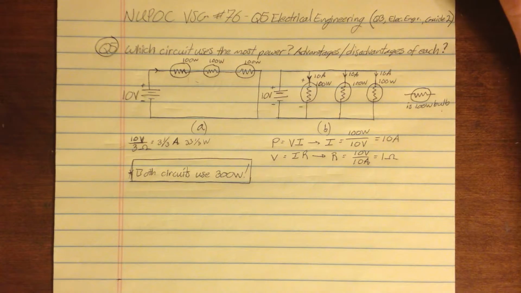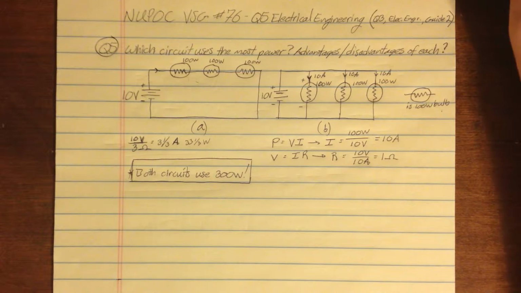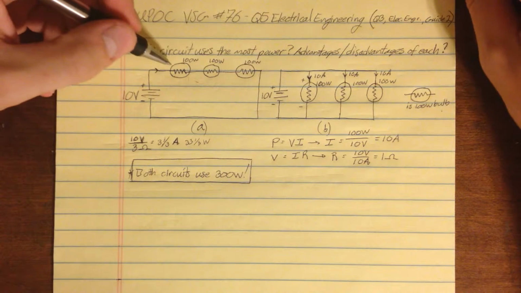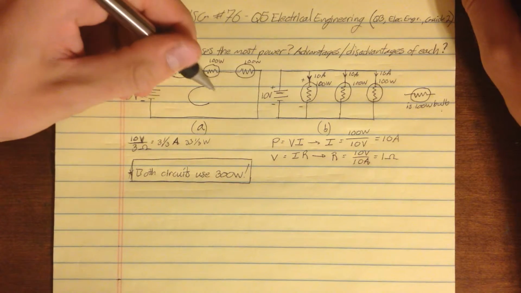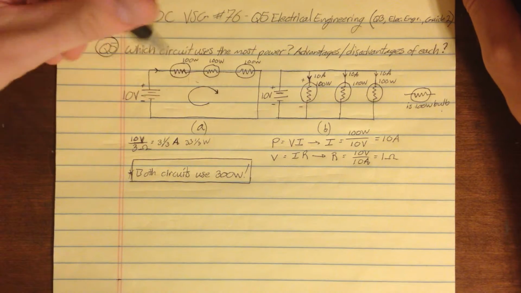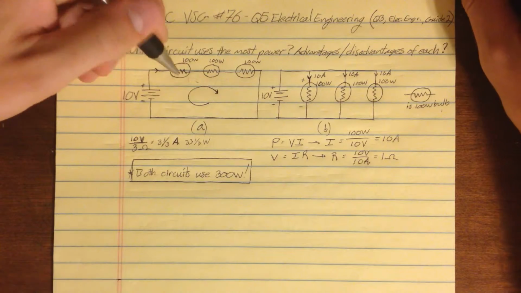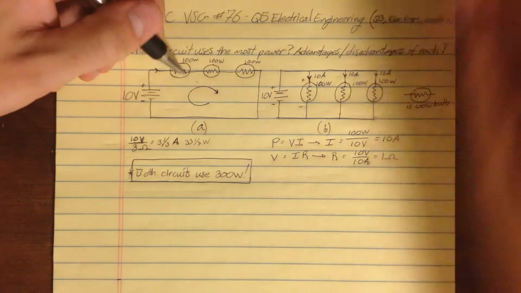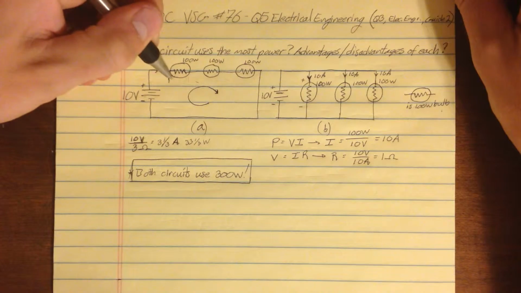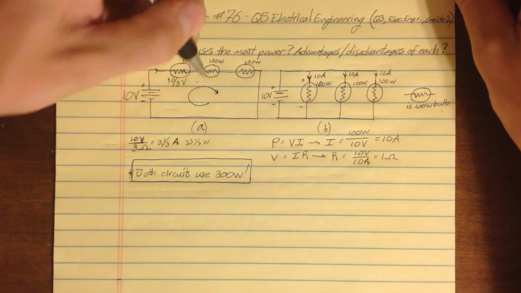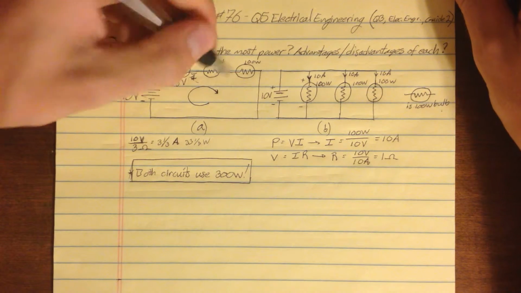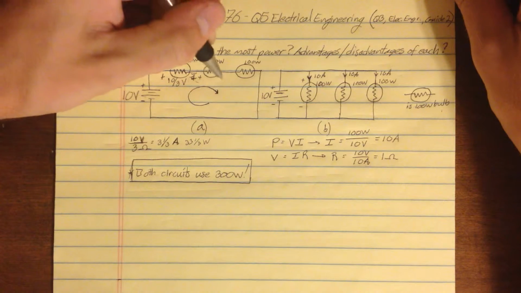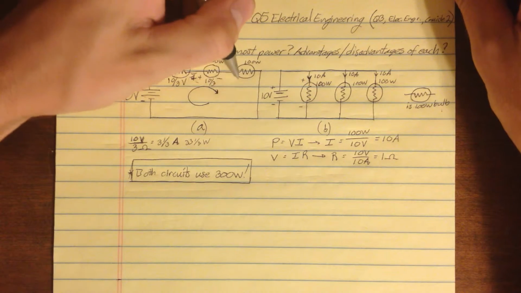Now, let's talk about the advantages and disadvantages of each. And by the way, if you wanted to do the circuit analysis here and do something like Kirchhoff's voltage law around this loop just to work out what the resistance would be, we would have 10 over 3 volts across each bulb, with this polarity.